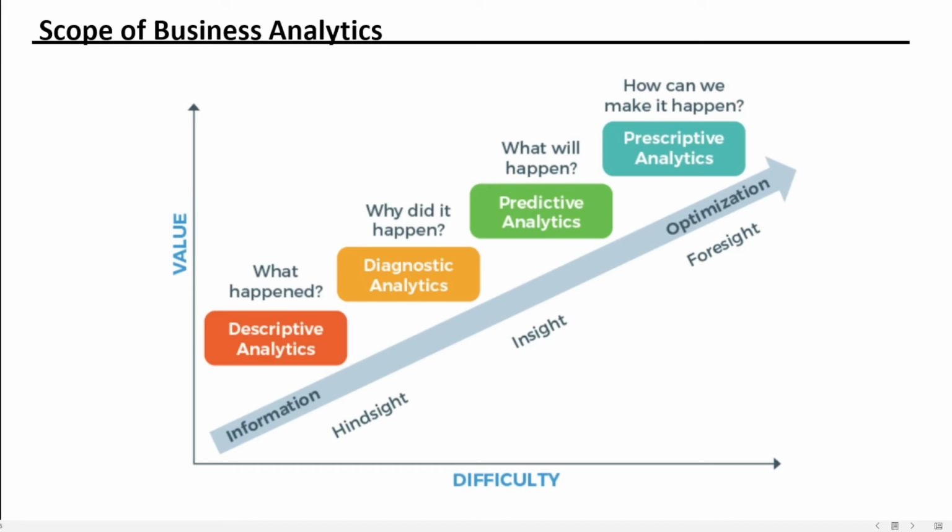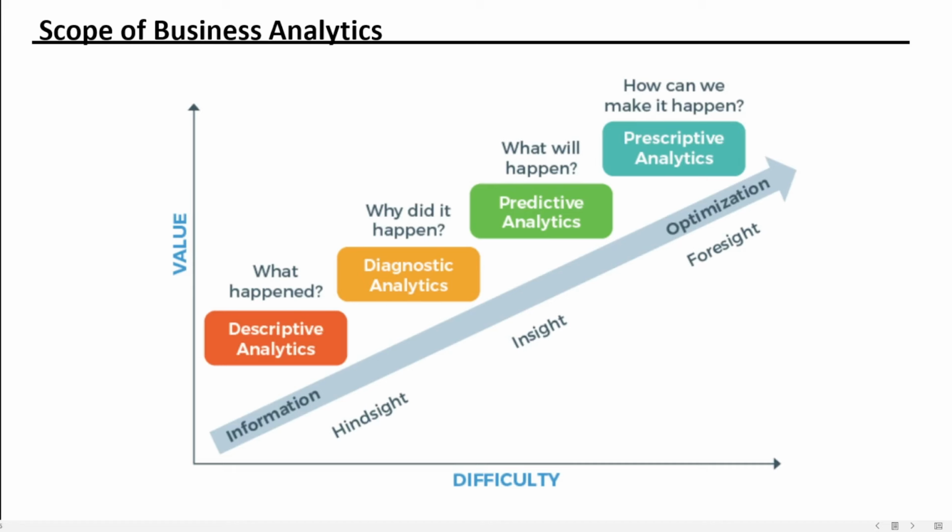You can also see here the transition from basic reporting to more complex decision-making tools, the prescriptive analytics. And there's a progression from information to optimization, which represents a journey from understanding basic facts to making informed decisions for the future. Okay?